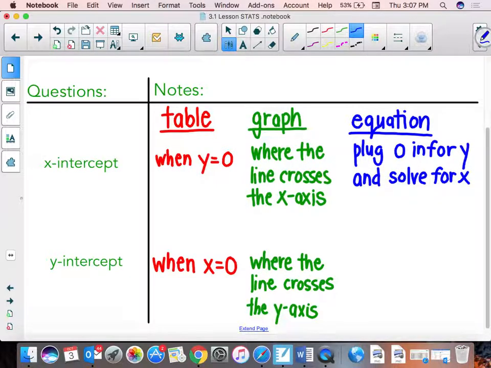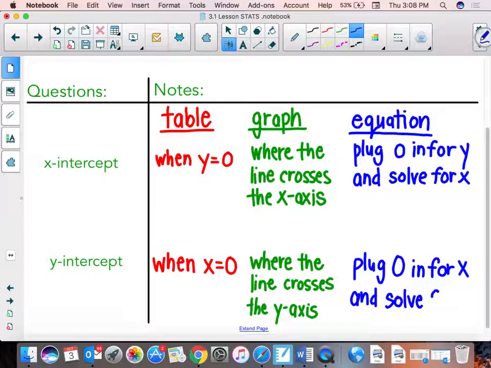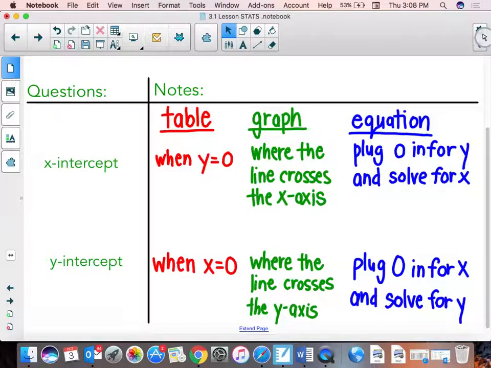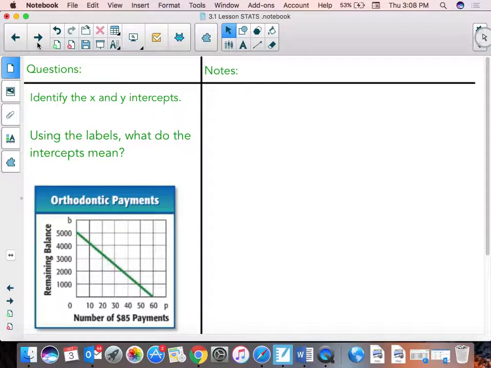And for the y-intercept, you are going to plug 0 in for x and solve for y. So I will refer back to all of those things as we are doing this lesson with the tables, graphs, and equations. All right, we are going to start with a graph.